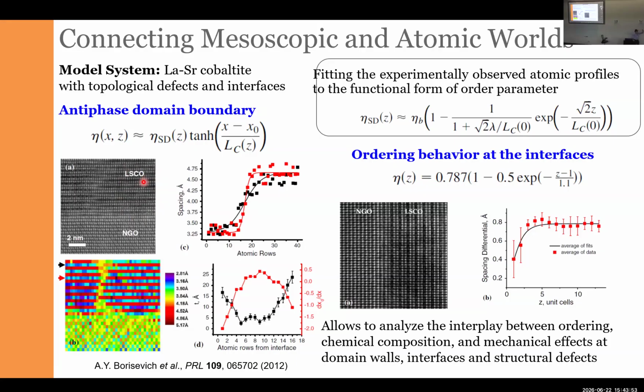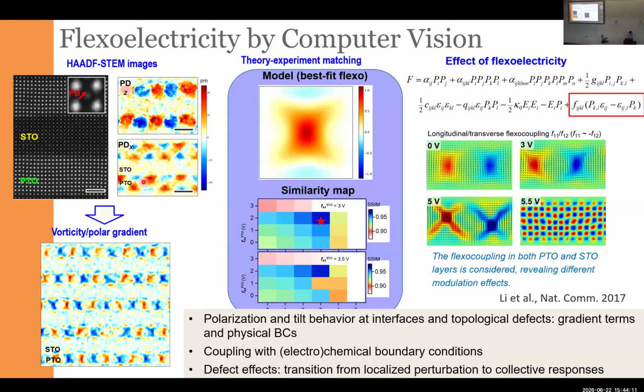If you have periodic patterns starting at a different part of the sample, they can be misaligned. This is called the antiphase boundary. If you visualize this antiphase boundary, you can reconstruct the effective screening lengths and match it to the solution of the same type of Ginzburg-Landau equations.